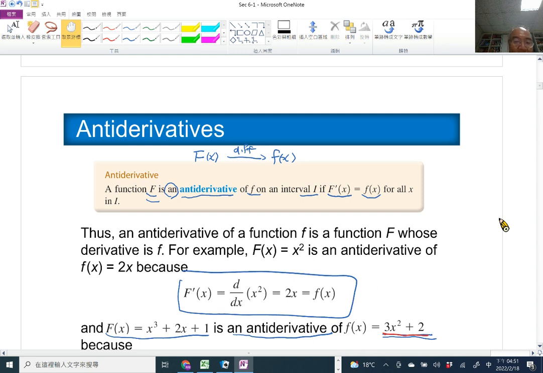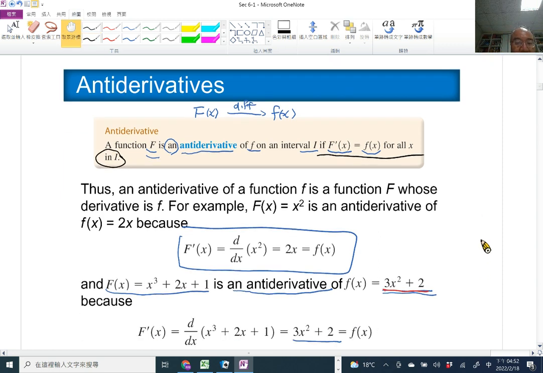In other words, we will say capital F of x is an antiderivative of little f of x, provided the derivative of capital F of x is equal to little f of x for all x in the domain we are interested in.